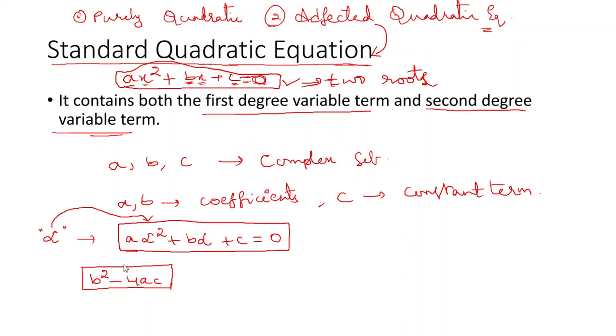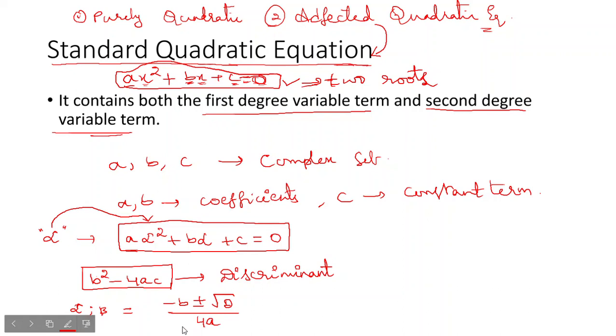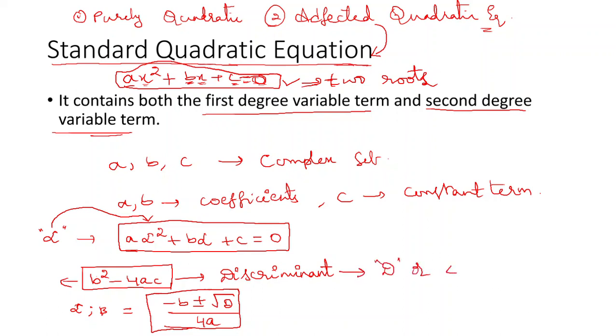This is b, this is c. The discriminant is denoted by D or sometimes by delta.